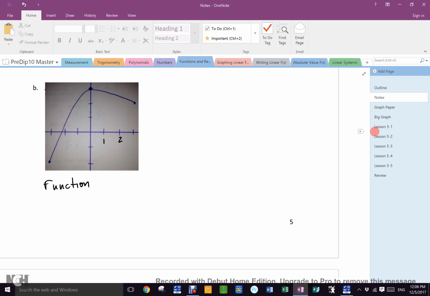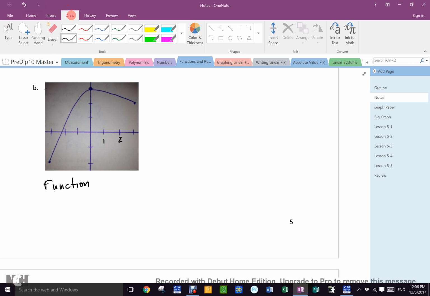So, when I look at my domain, where do I go to look? The horizontal line, on the x-axis. Okay. So what's my lowest point? On the x-axis. -3. Everybody agrees? Now, what's the next input?